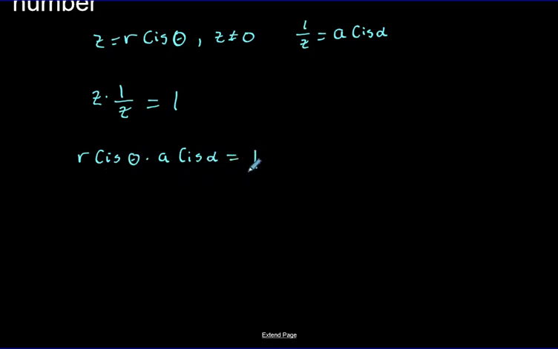So now we know how to multiply: we get r times a cis, and we add these two angles together when we're multiplying, and that has to be equal to 1.